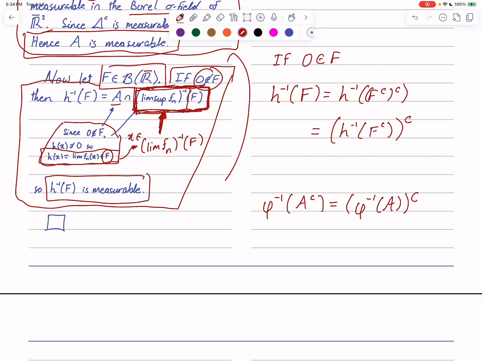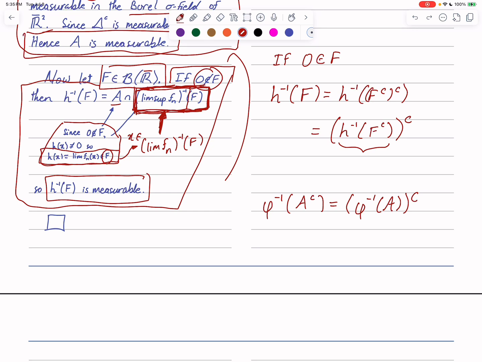And so effectively, F complement is one of our Borel sets, because the complement of anything in a sigma field is another thing in the sigma field. So F complement is something in our Borel sets.